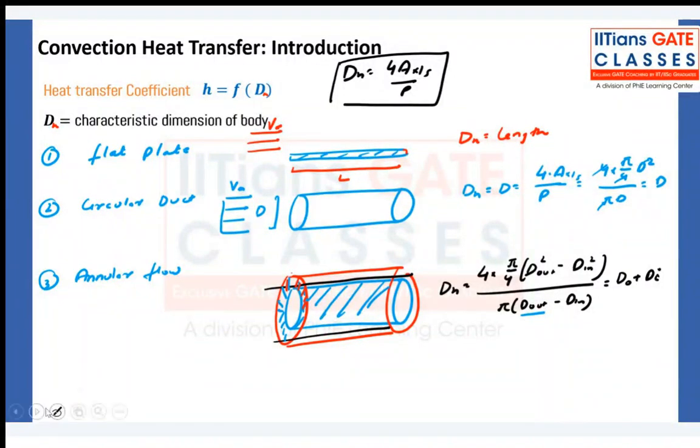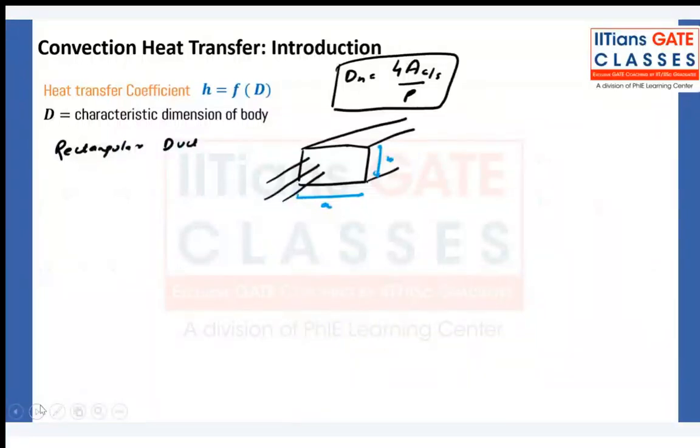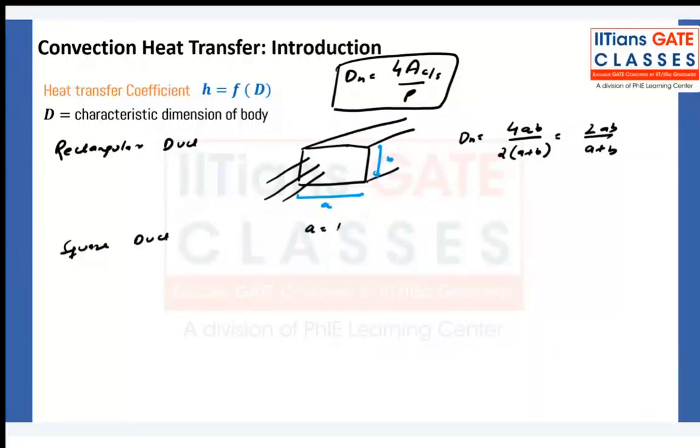Okay, if this is your duct and this is what is happening, A and B we have defined. So again now DH will be equal to 4AB upon 2(A plus B), so it will be 2AB upon A plus B. If it is a square duct, that means A will be equal to B, so you can modify this.